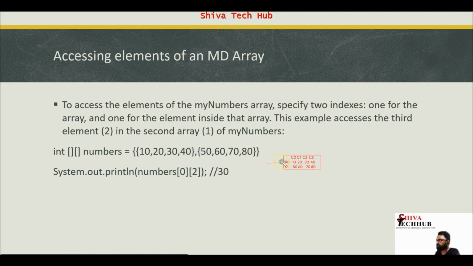This row is the 0th row and this is the 0th column, this is the first column, this is the second column and this is the third column. Now we want 0th row, which means this particular row, and second column. So this is the second column, right? 0th row and second column. So this is the element. 30 is the element, so that is what will be printed. This is how we will be accessing the elements of a multi-dimensional array.